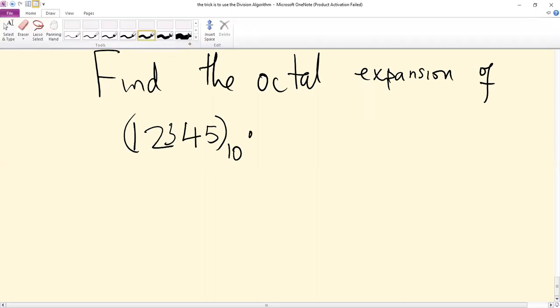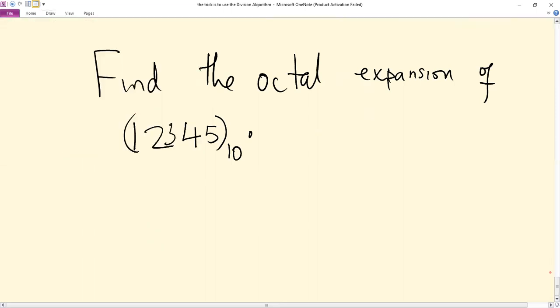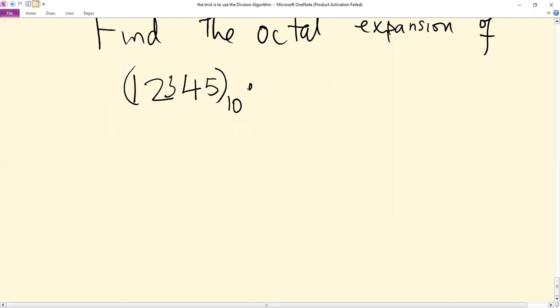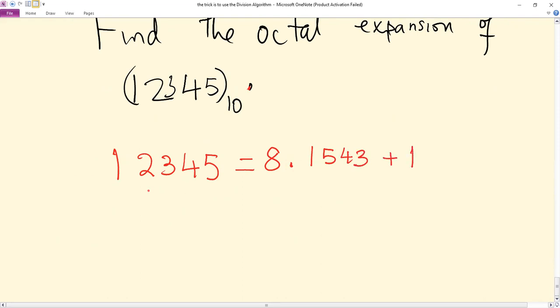We do this by the division algorithm, but you can as well do it using repeated division by 8. So we write 12345. The divisor is 8. 8 divides this number 1543 times, and the remainder is 1. Then you bring 1543. Divisor is 8. 8 divides this number 192 times, and the remainder is 7. Now bring 192 to the left.